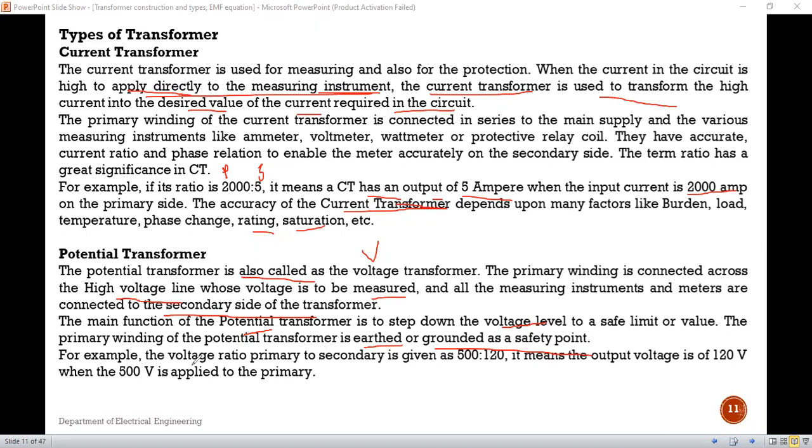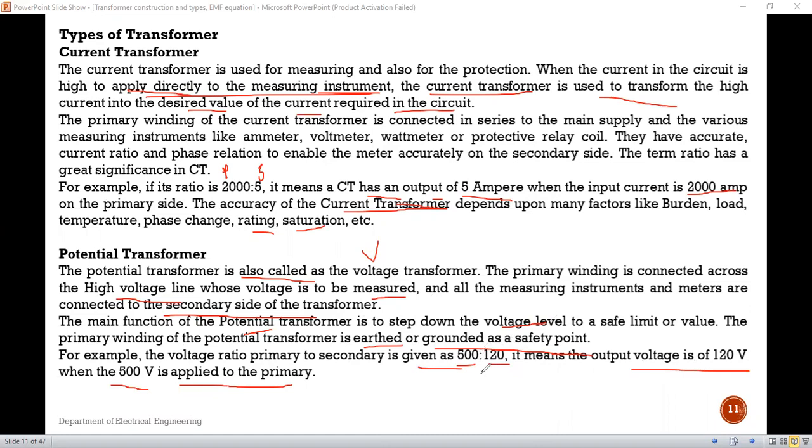So for example, the voltage ratio primary to secondary is given as 500 to 120. It means that the output voltage is 120 when 500 volt is applied to the primary. 500 to 120 is the ratio. That means the output voltage is 120 when the input or primary voltage is 500.